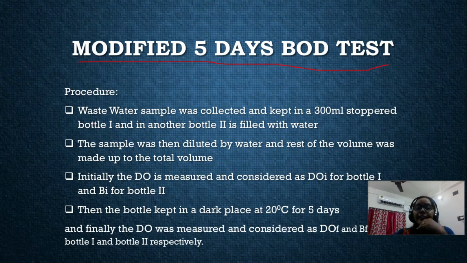Now we will see here what is the procedure of the modified BOD test. One is the wastewater sample first. What we have to do here, we will take two bottles rather than one bottle. First bottle is bottle 1, and another bottle is marked as bottle 2.